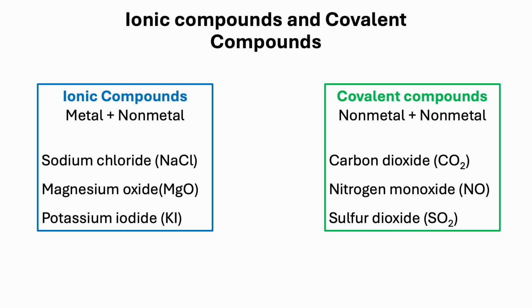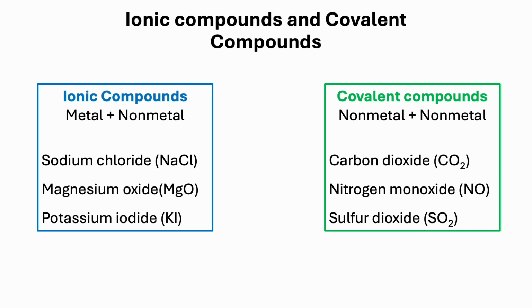Covalent compounds are made of nonmetals. These atoms share electrons instead of transferring them. Some examples are carbon dioxide, nitrogen monoxide, and sulfur dioxide. When writing covalent formulas, use prefixes in the name to determine the number of each atom.